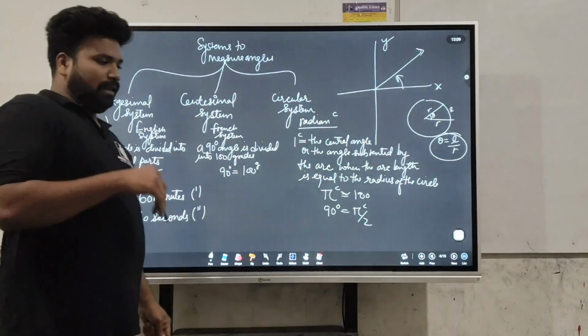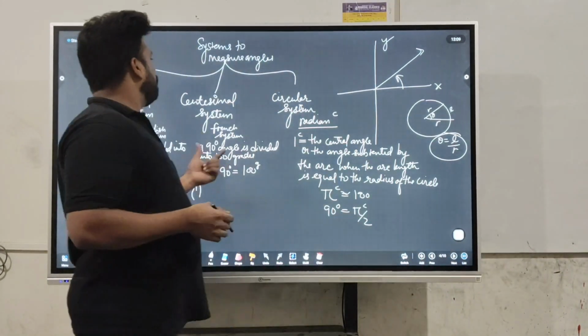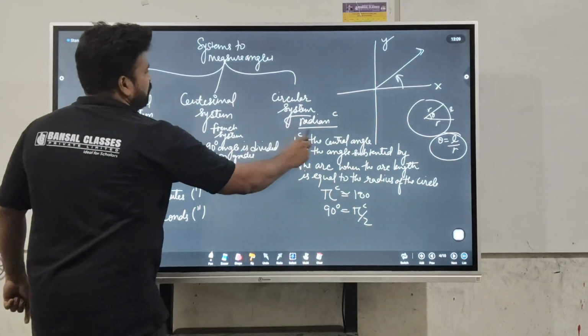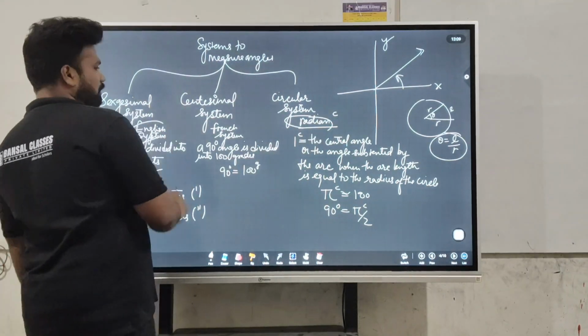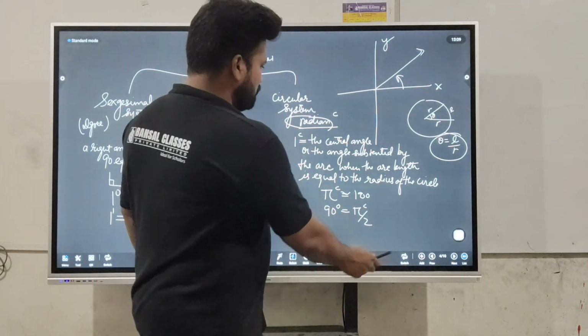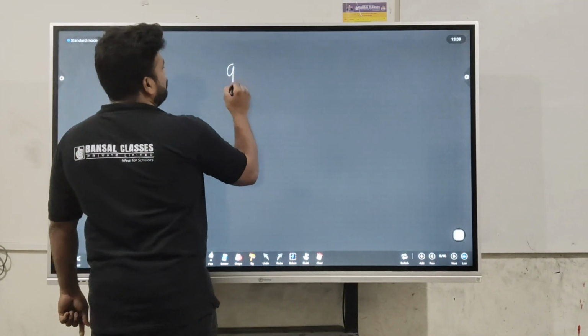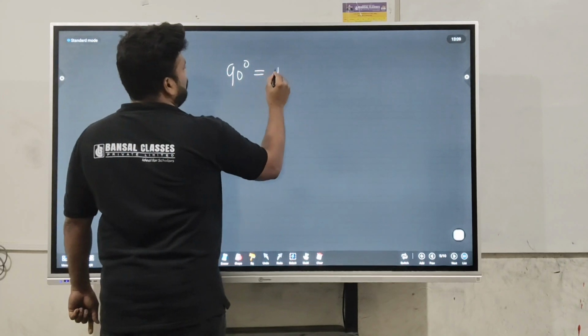In IIT Foundation or IIT JEE, we study only the degree system and the radian system. So 90 degree is equal to pi by 2.